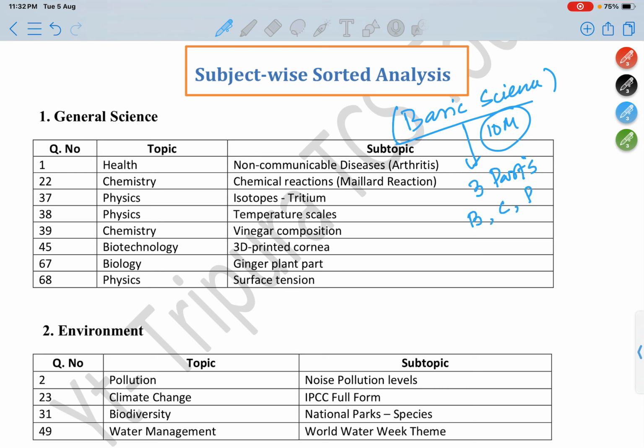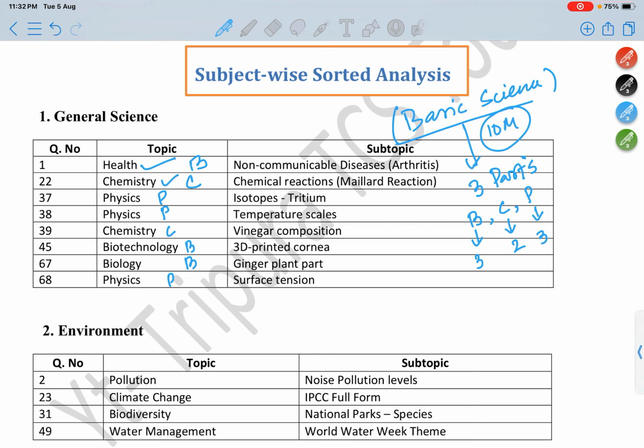In the previous year questions, there were almost three biology questions, two chemistry questions and three physics questions. These are very low hanging fruits, so we have to easily grab this opportunity and grab these 10 marks.